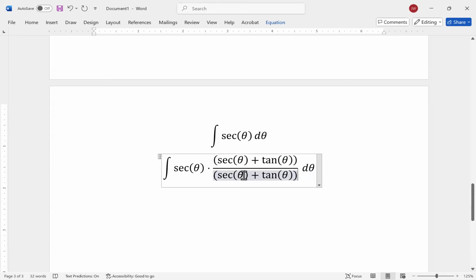So multiply on top and bottom there, and then we're going to expand out.